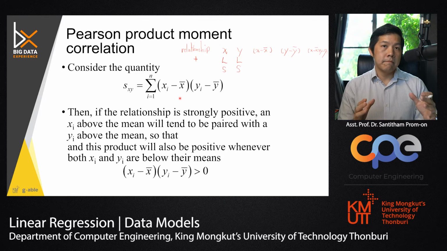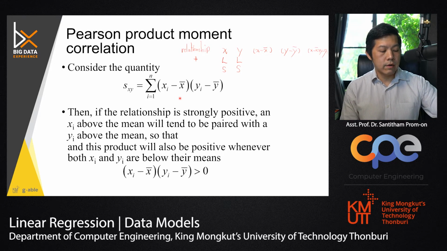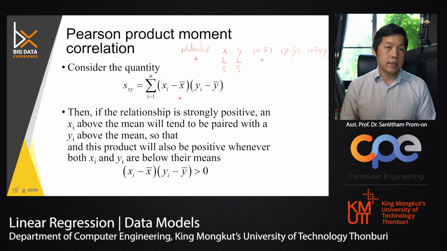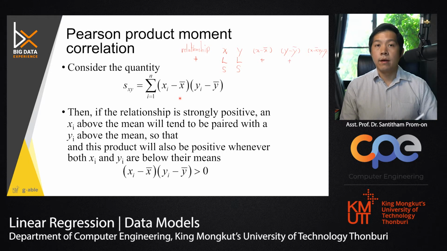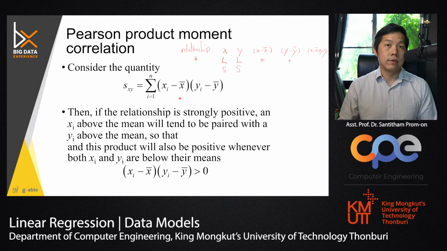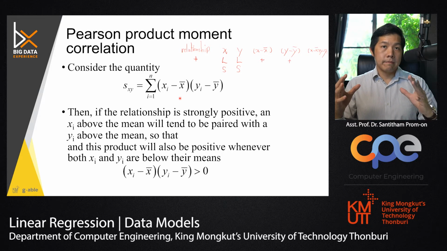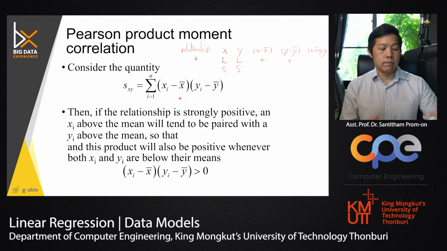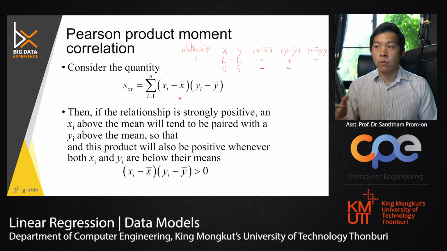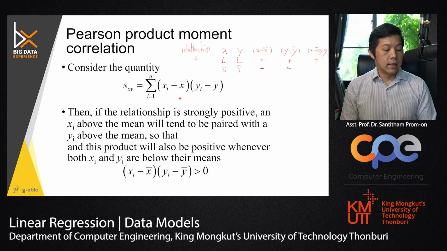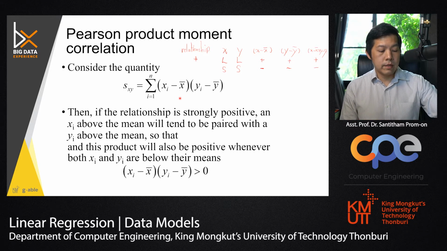That means the subtraction here will result in the positive sign. And if y is large as well, then it would be more than y bar, and the subtraction there would result in a positive sign as well. Multiplication between the two terms results in a positive sign. For small x with small y, this subtraction results in minus and minus, because if x and y are small, then they would be less than their own means. And the multiplication between them results in a positive sign.